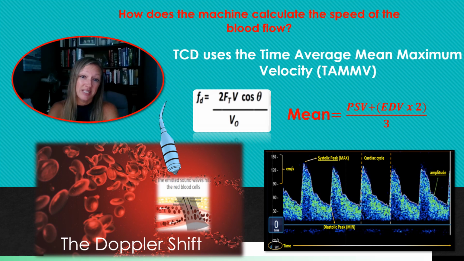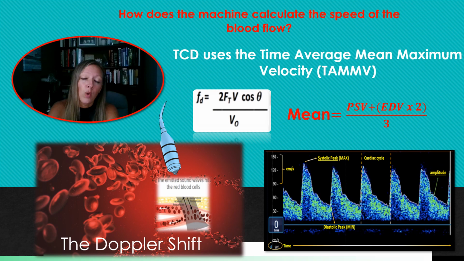How does the machine calculate the speed of the blood flow? TCD uses time average mean maximum velocity. The changes in frequency are plotted as velocities in real time, and that is what's giving us the spectral waveform.